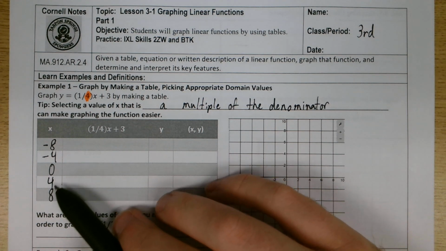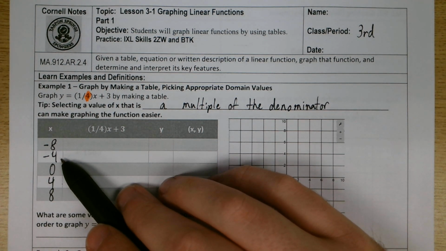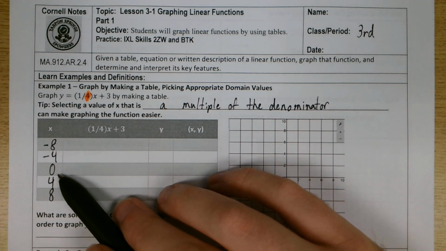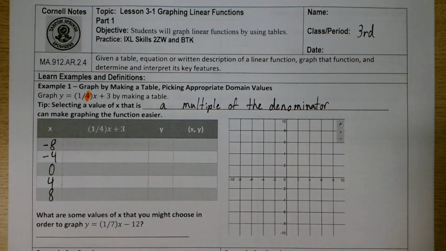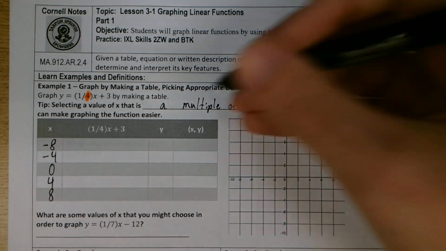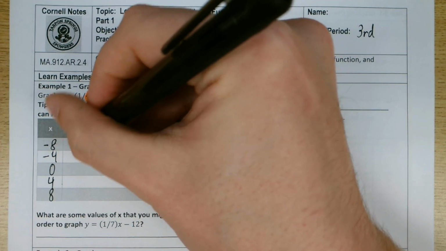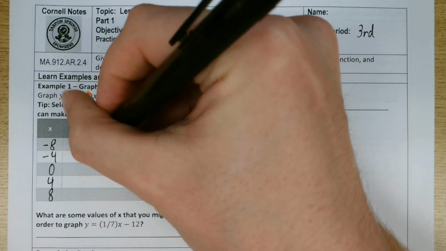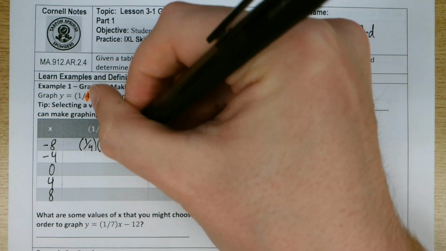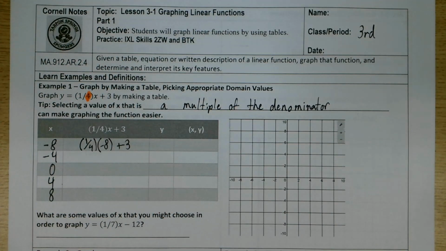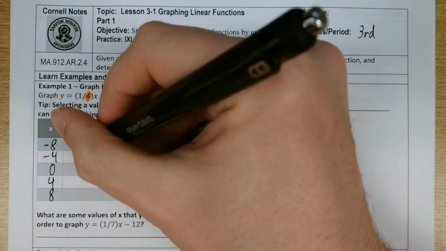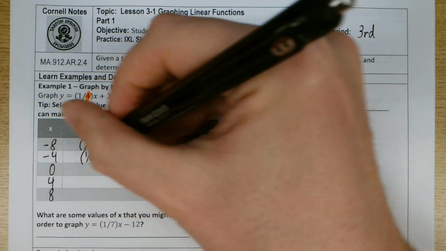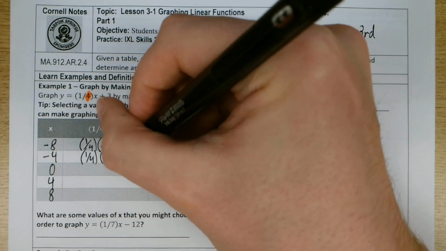4 times 1, 4 times 2, 4 times -1, 4 times -2, 4 times 0. They're easier numbers to then use, because then you'll go and plug those values in. 1/4 of -8 plus 3. You'll do 1/4 of -4 plus 3.